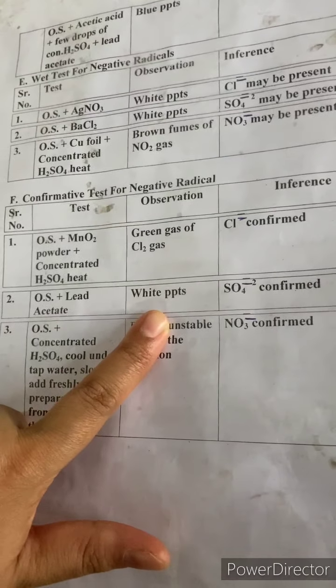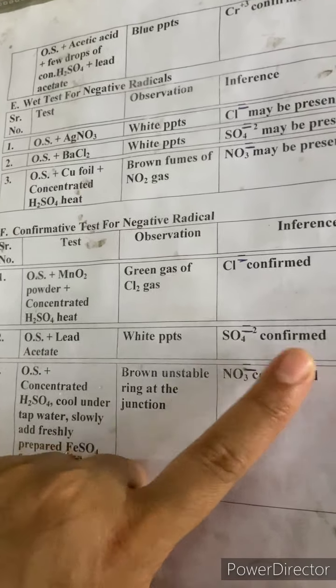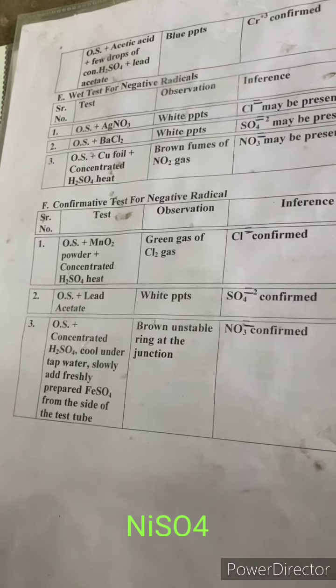So the observation is white precipitates. So now our sulfate ion is confirmed. So your salt is nickel sulfate and the formula is NiSO4.